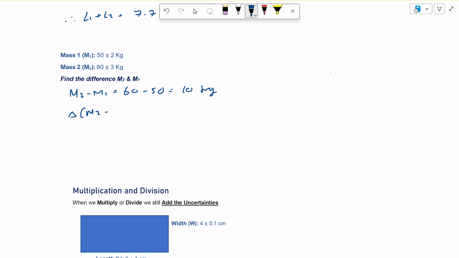So M2 minus M1 is equal to 3 plus 2, which gives us 5 kg. So therefore our answer would be 10 plus minus 5 kg.